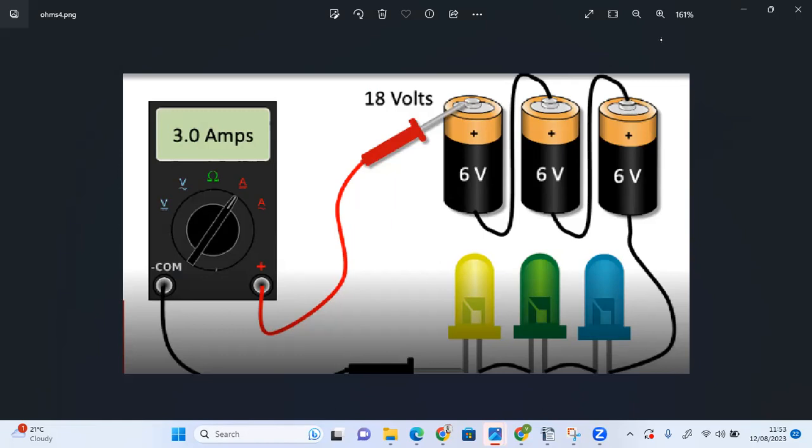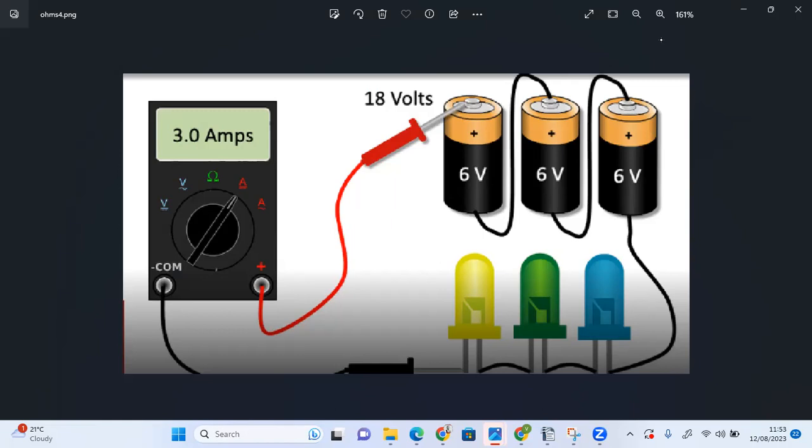Now, if you want to take it from this place, let's say this is the current, because this is where 18 volts of potential difference is registering 3 amps of current, and it is passed into this resistance, which are the bulbs.